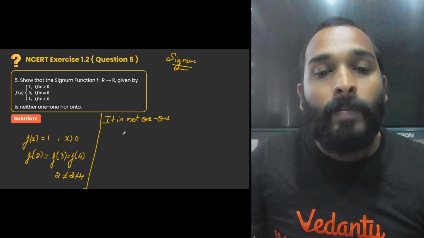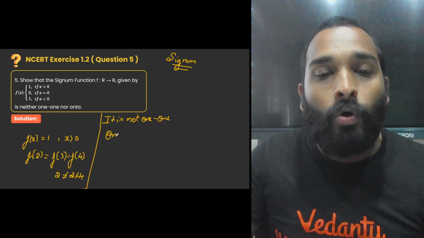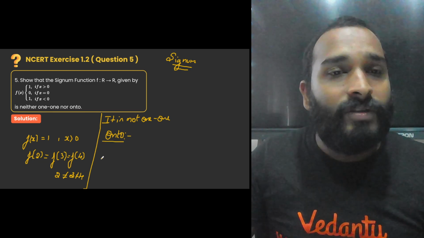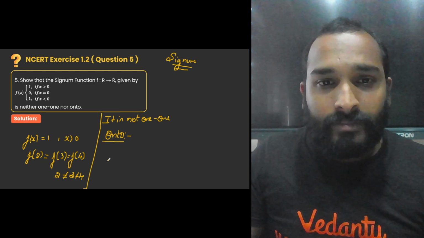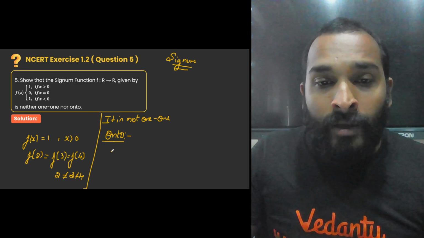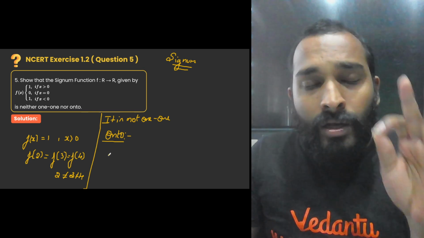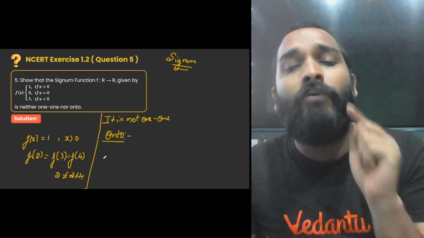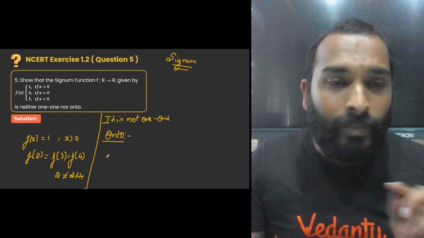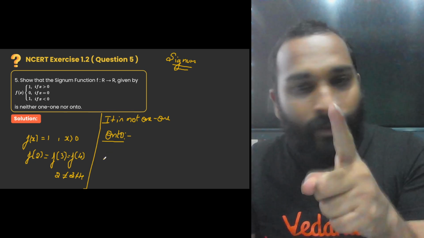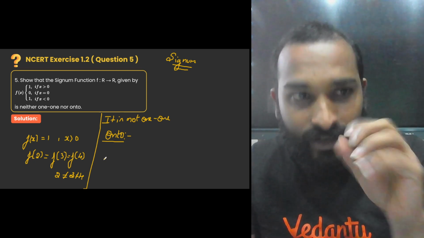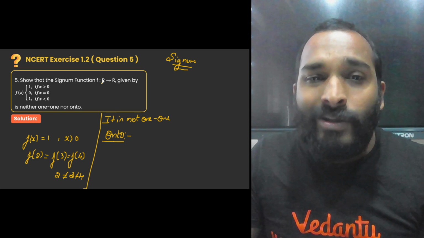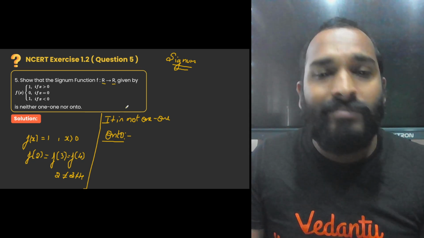Now let us check whether the given function is onto. Observe this very carefully children. In this onto function, you can notice that only 3 values in the codomain will be taken. Only 3 values will be mapped to all the elements of the domain. That is, if x is greater than 0, you take 1. If x is equal to 0, you take 0. If x is less than 0, you take minus 1. But your codomain and the domain is the set R, real numbers.